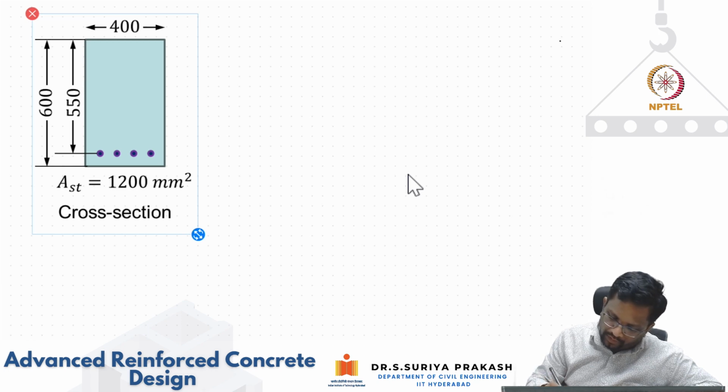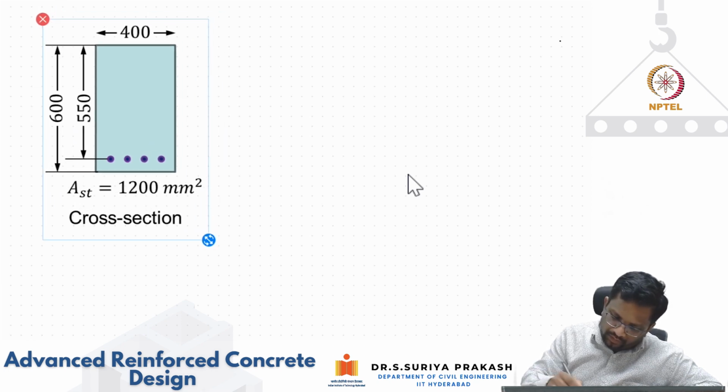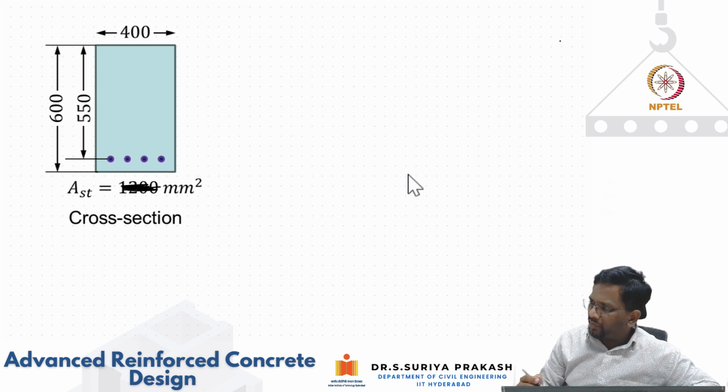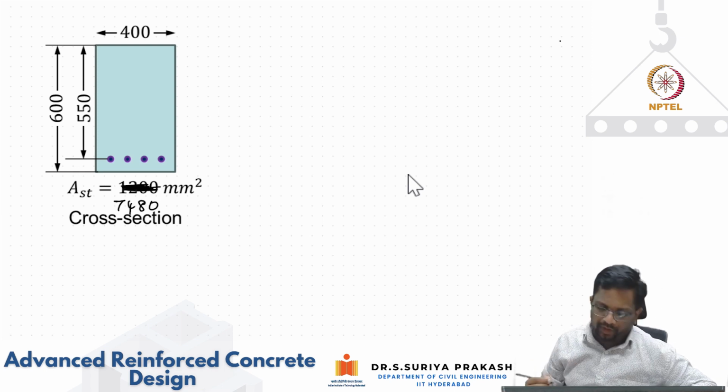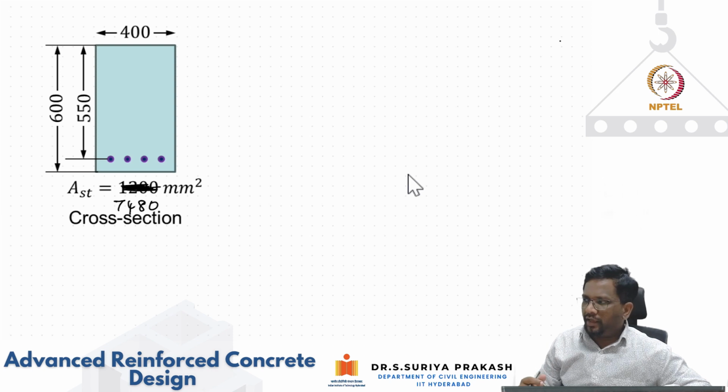So this Ast, I'm going to take as equal to 7,480. How much did we calculate? 7,480 millimeter square. So now for this, let us calculate the moment and curvature at ultimate condition.